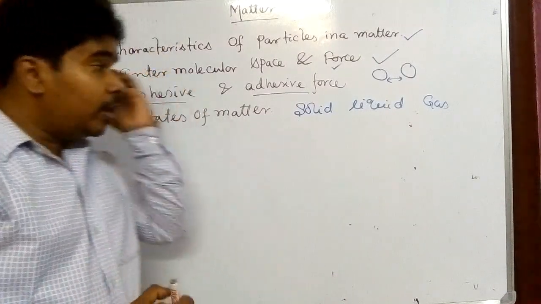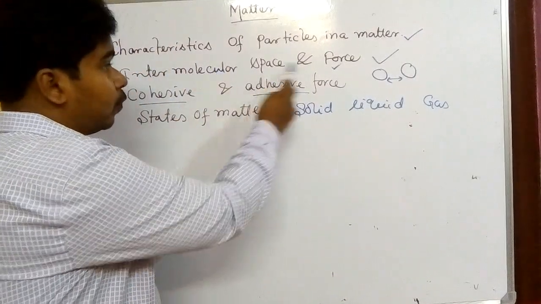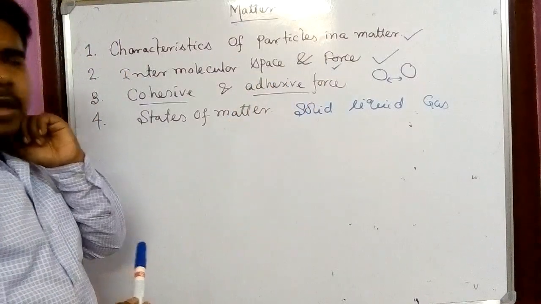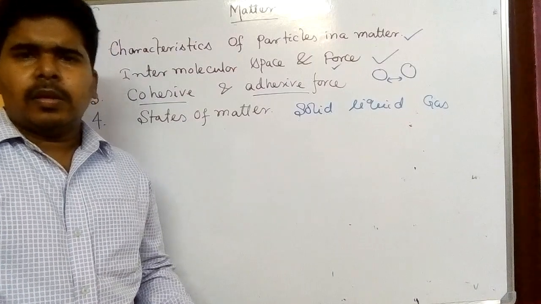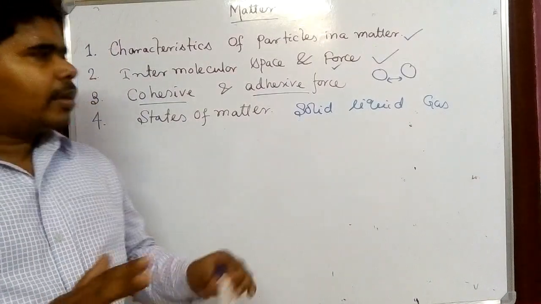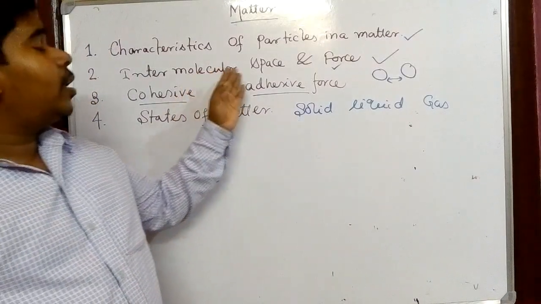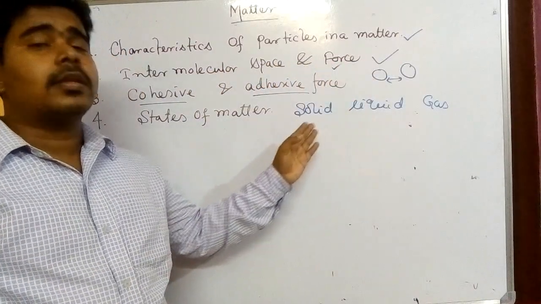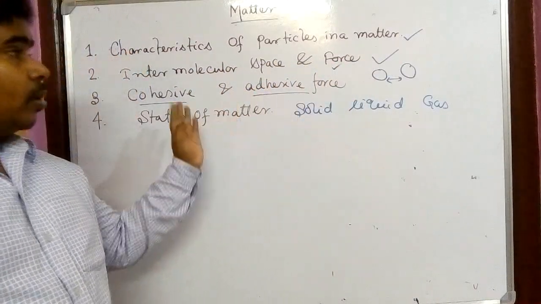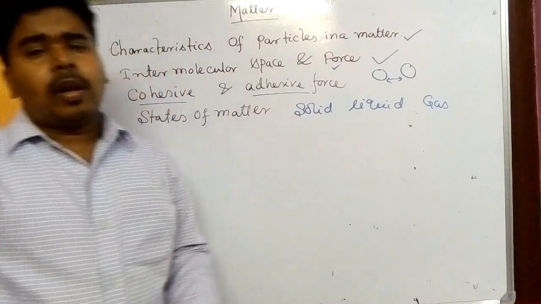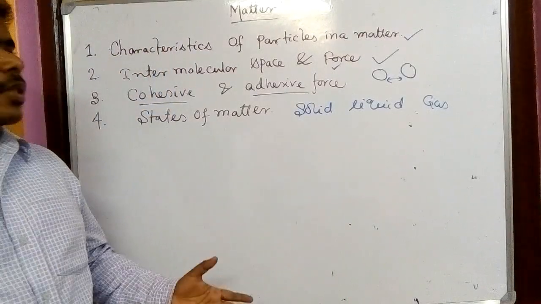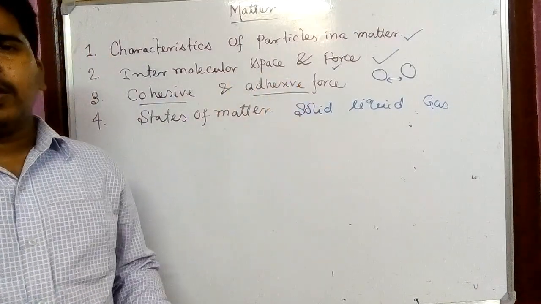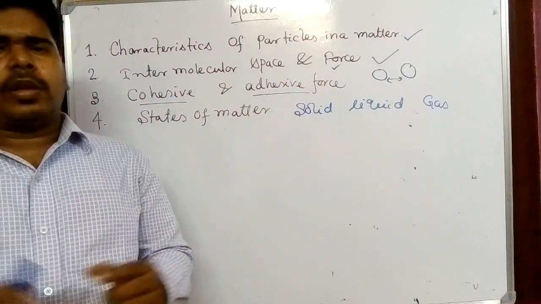In solid, the intermolecular attraction force is more. Coming to liquid, water, kerosene, alcohol are liquids because their attraction force is less than solid. Next, gas: oxygen, hydrogen, carbon dioxide are gases because their attraction force is much lesser.